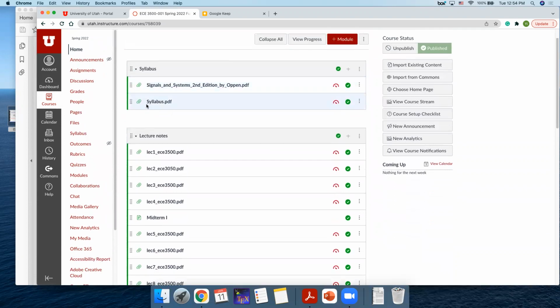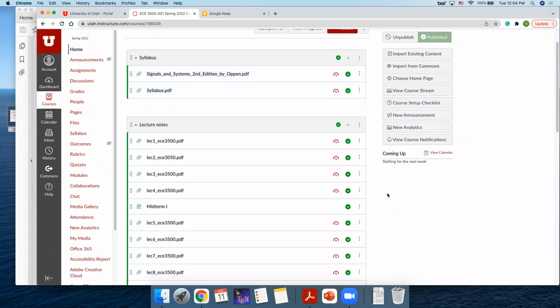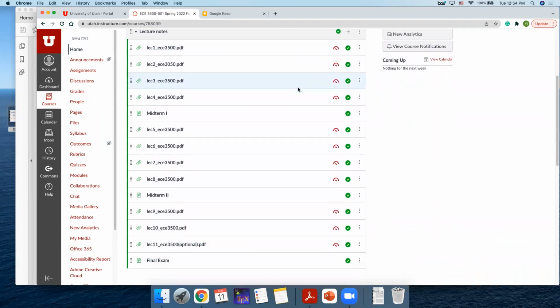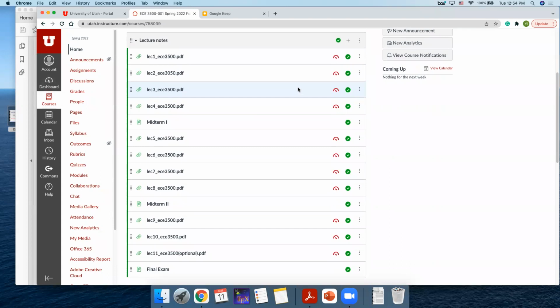That's the textbook, you can download it. That's the syllabus, you can download it. And these are lecture notes. These midterms are empty now, but this is to remind you that there's a midterm right after lecture 4.